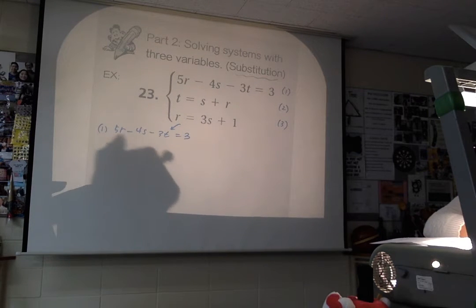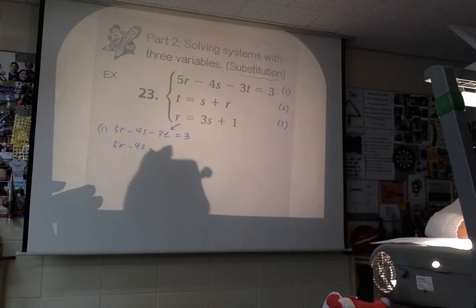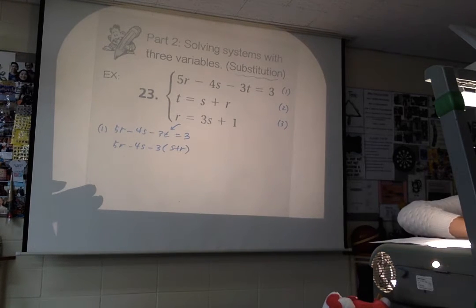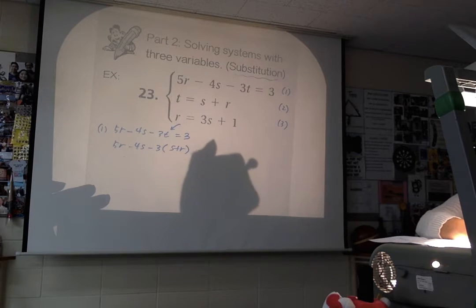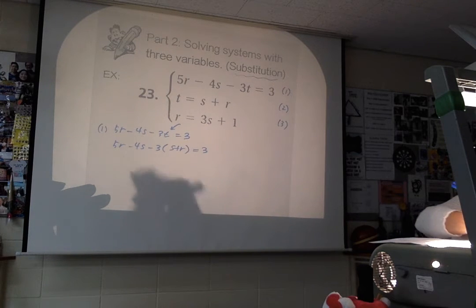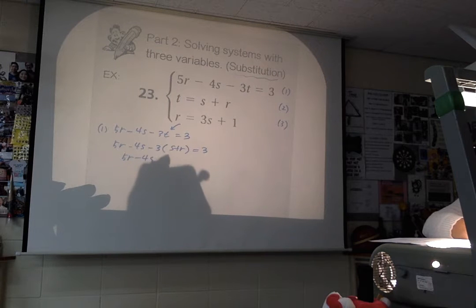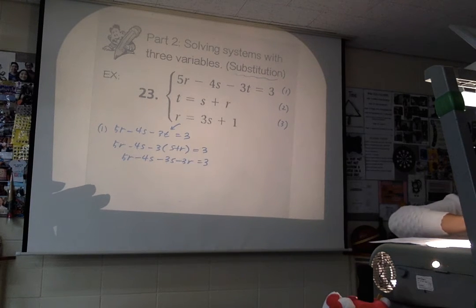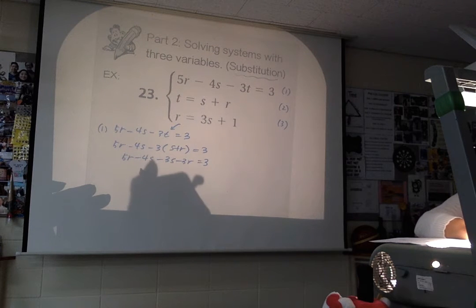So 5r minus 4s minus 3 times t, and t is s plus r according to equation 2, equals 3. When we simplify, we get 5r minus 4s minus 3s minus 3r equals 3. Simplifying that, you get 2r minus 7s equals 3.